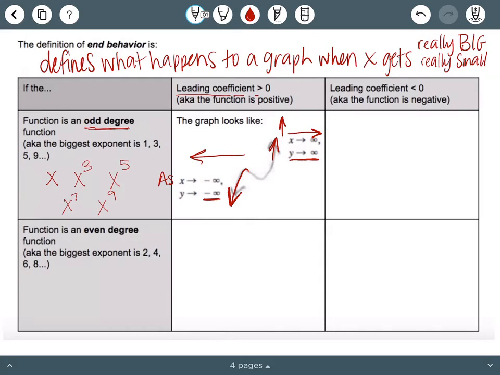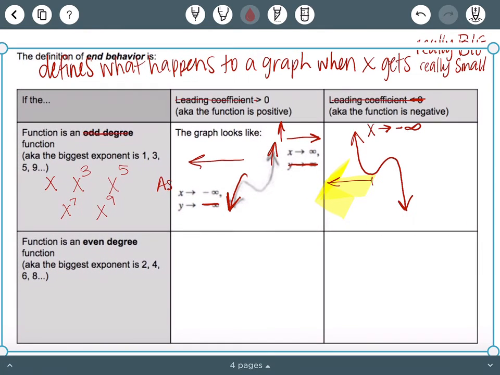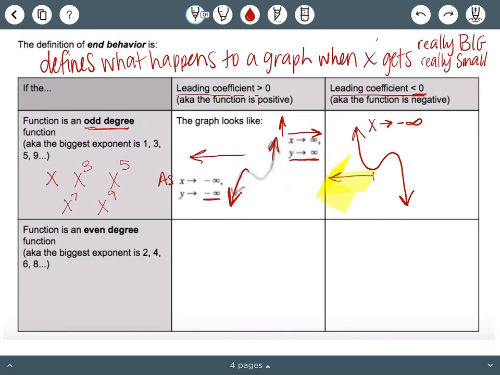Right? So when the leading coefficient is negative, or less than 0, what that means is our graph flips over like this. Right, so we start at a different place. As we're going in this direction, as we're headed to the left, that is when x is going to negative infinity, because our x's are counting down, like 0, -1, -2, -3, -4, -5, -6, -10, etc., right?